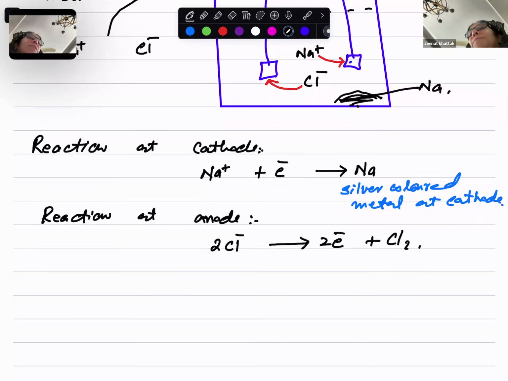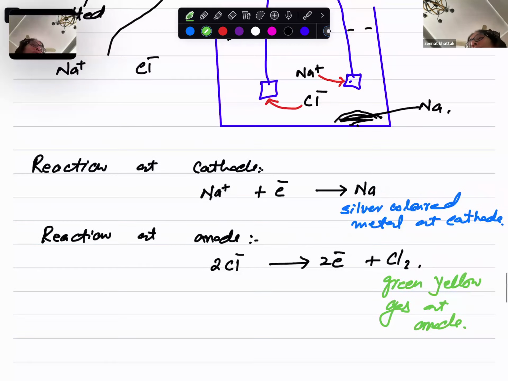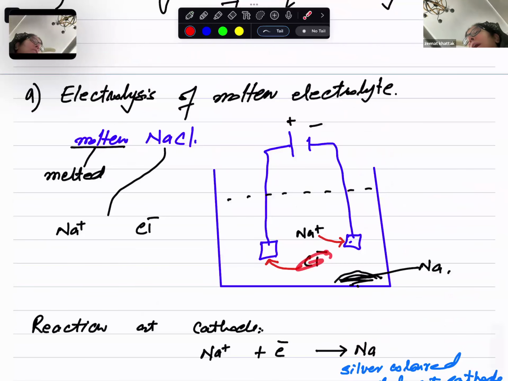What about chlorine? It's green yellow gas at anode. So the chloride will go out, the Na will go out, no NaCl is left. So what happens to the electrolyte? It gets decomposed.